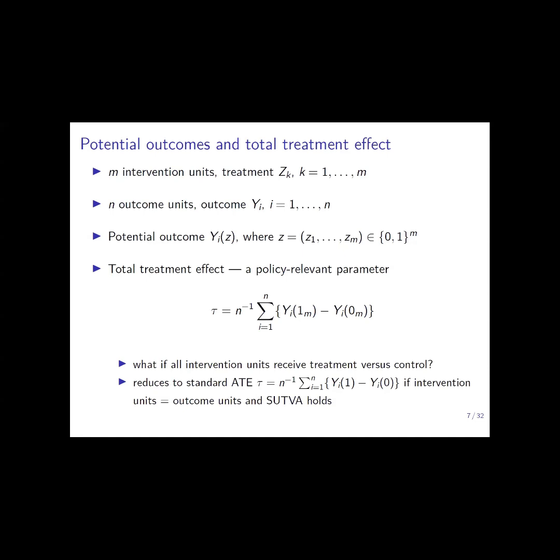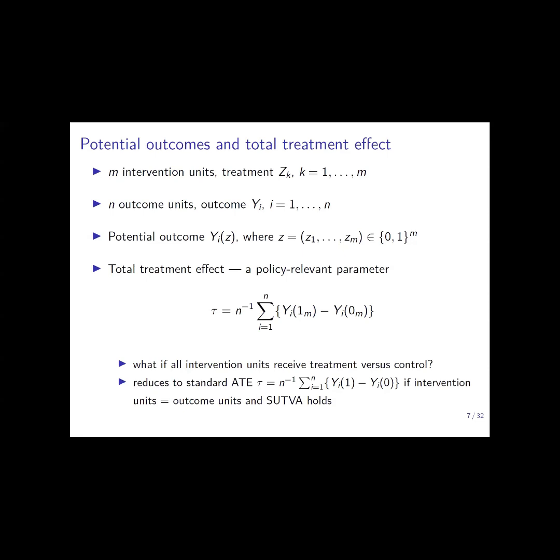Hope you are okay with the notation. Average over all units, the potential outcome indexed by vector 1 minus vector 0, with dimension m. This seems like a lot, but if you assume this, we go back to the traditional setting. In the traditional setting, m equals n.